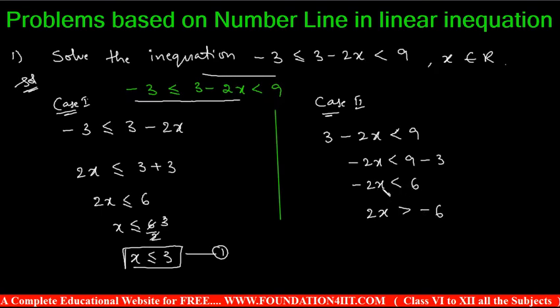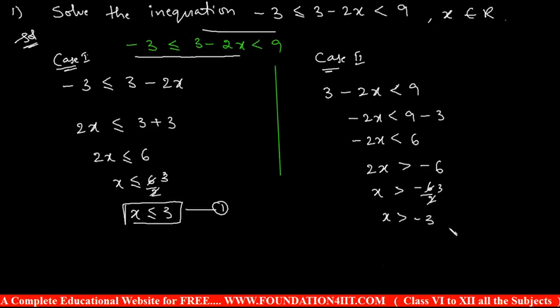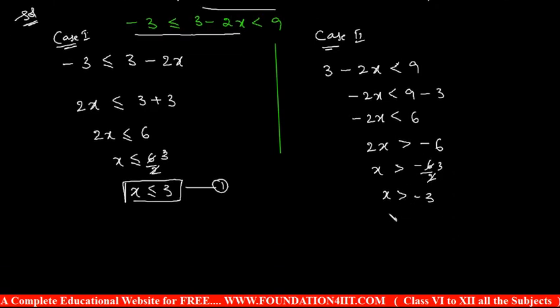Minus 1 should be multiplied on both sides, then whatever the sign is in the middle, it will be interchanged. These are the properties of inequalities we already discussed. So x is greater than minus 6 divided by 2, then x is greater than minus 3. If x is greater than minus 3, then minus 3 is less than x, right? Because x is greater than minus 3 means minus 3 is less than x.